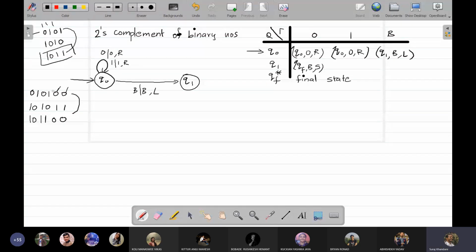So if you observe these two, 0 is kept as it is till you get the first one. And when you get this one, after that, whatever value is there, if 0 is there, you convert it to 1, if 1 is there, you convert it to 0. So all the zeros will be kept as they are, and you keep moving to the left unless you find the first one. So once you find the first one, what do we do?